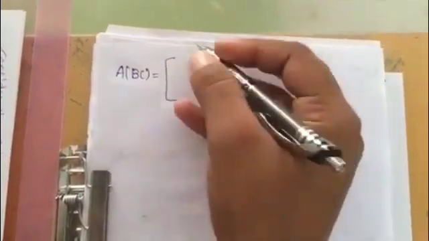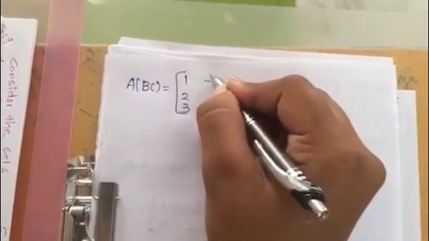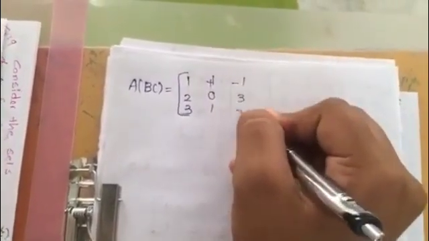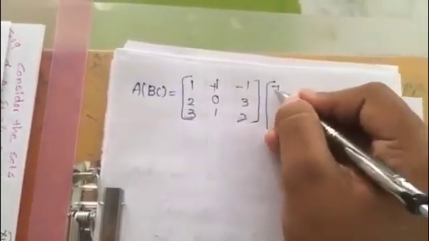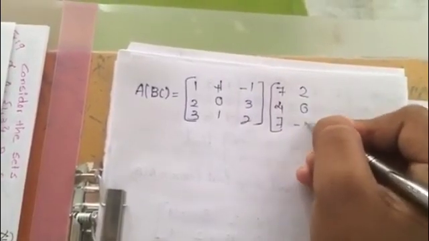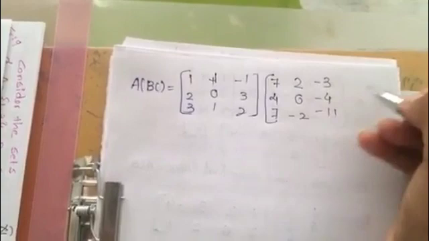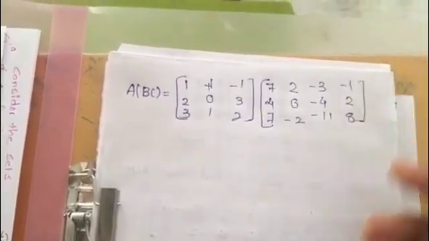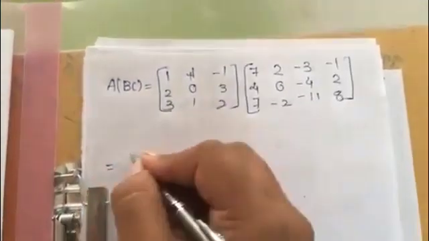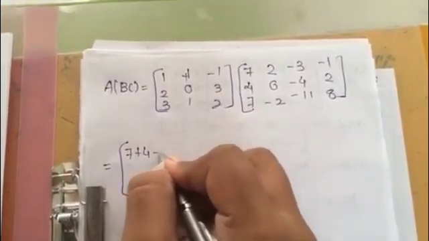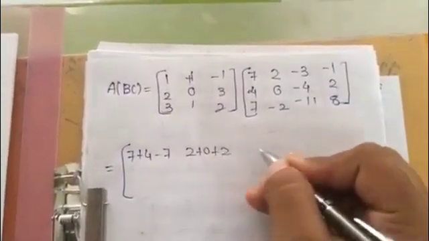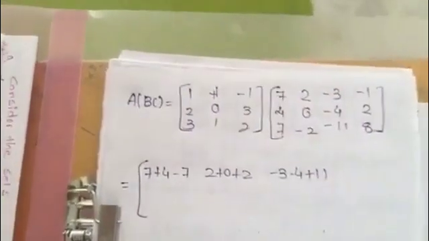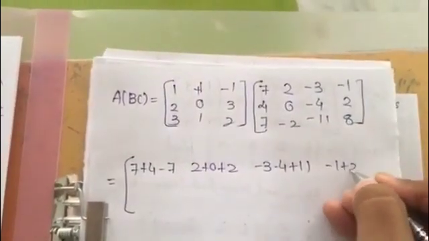So A into BC will be: A is 1, 2, 3, 1, 0, 1, -1, 3 and 2, and BC we got was 7, 4, 7, 2, 0, -2, -3, -4, -11, -1, 2 and 8. Okay, so this is our value. Now let's start the multiplication, that is 7 plus 4 minus 7, 2 plus 0 plus 2, minus 3 minus 4 plus 11, minus 1 plus 2 minus 8.